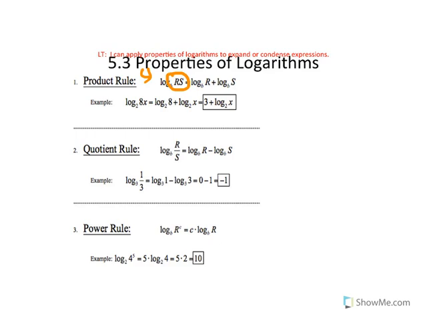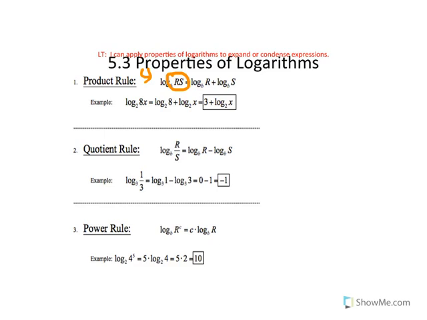Same thing with multiplication and division. 2 squared is the same thing as 2 times itself, or 2 plus 2 is the same thing as 2 times 2, or 2 plus 2 plus 2 is the same thing as 2 times 3. They go together. So the product rule is going to link multiplication and addition together.